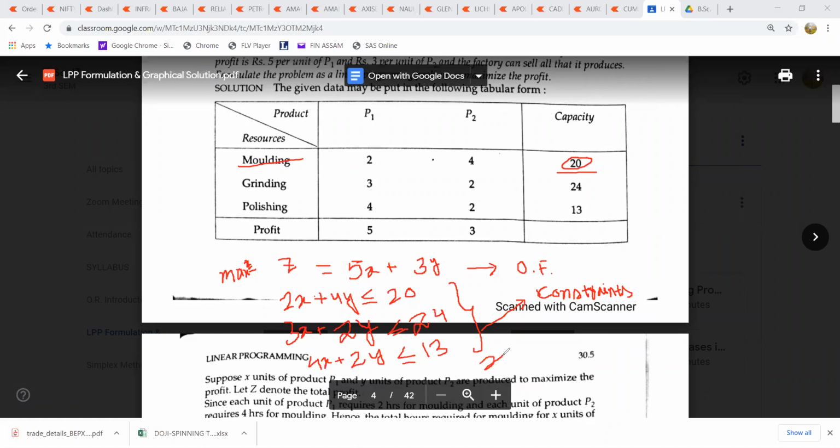That is, the variables x and y should be greater than or equal to 0, because the company cannot manufacture negative quantity. So this is the formulation of this LPP for the given data.